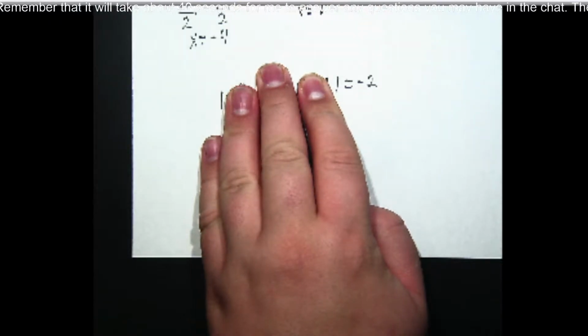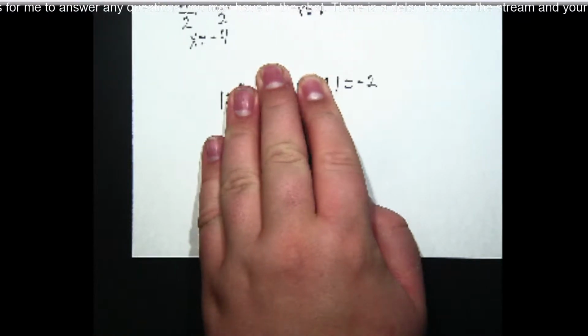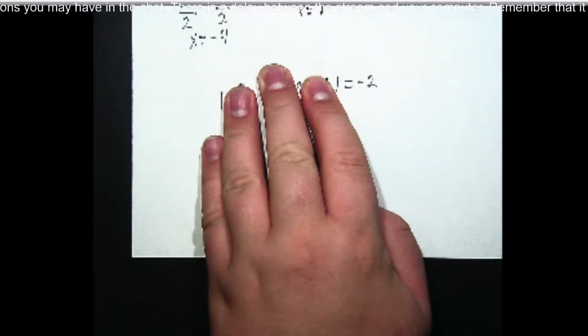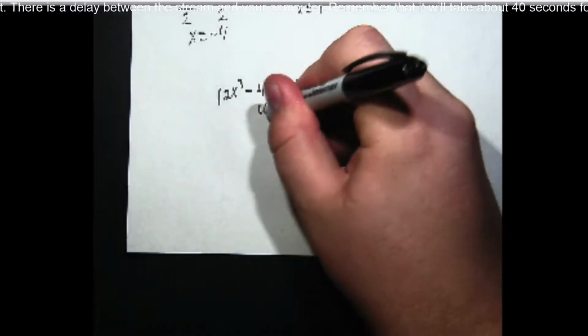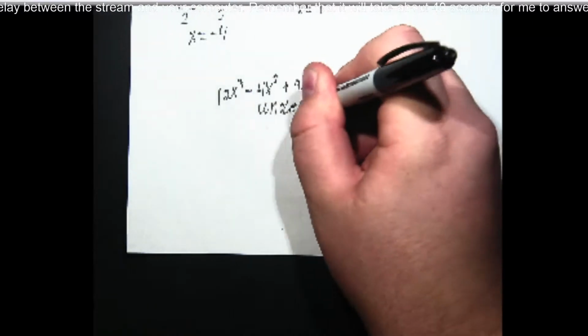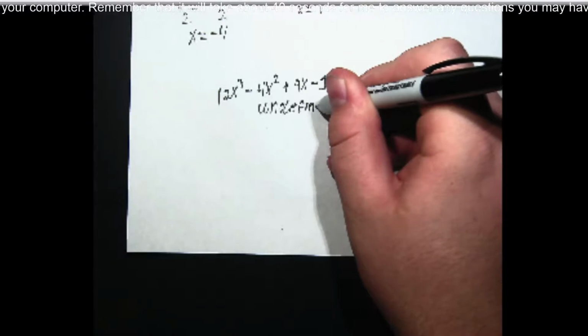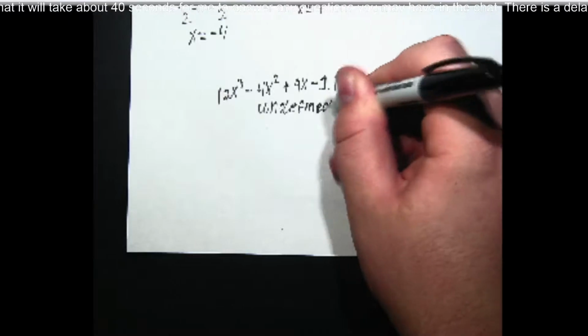I have an absolute value, right? What do absolute values spit out? Always positive. Is it possible for me to have an absolute value that gives me a negative 2? No. So the answer here is undefined.